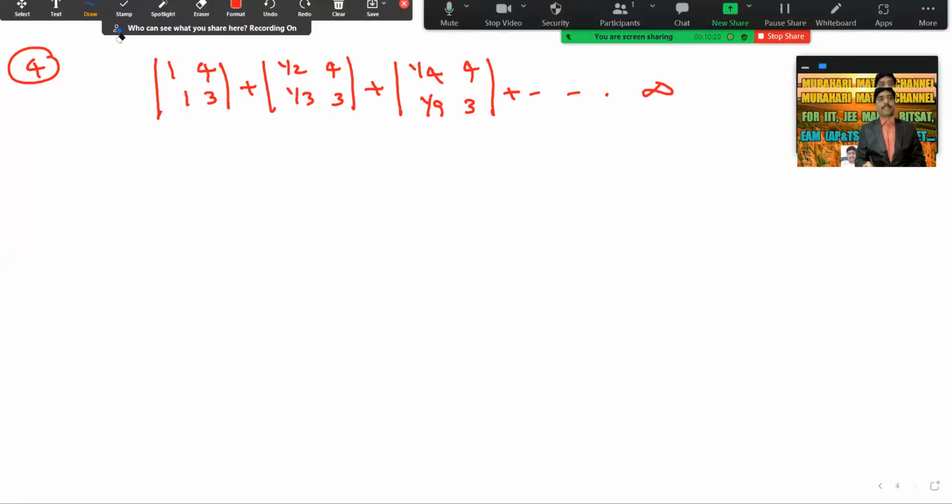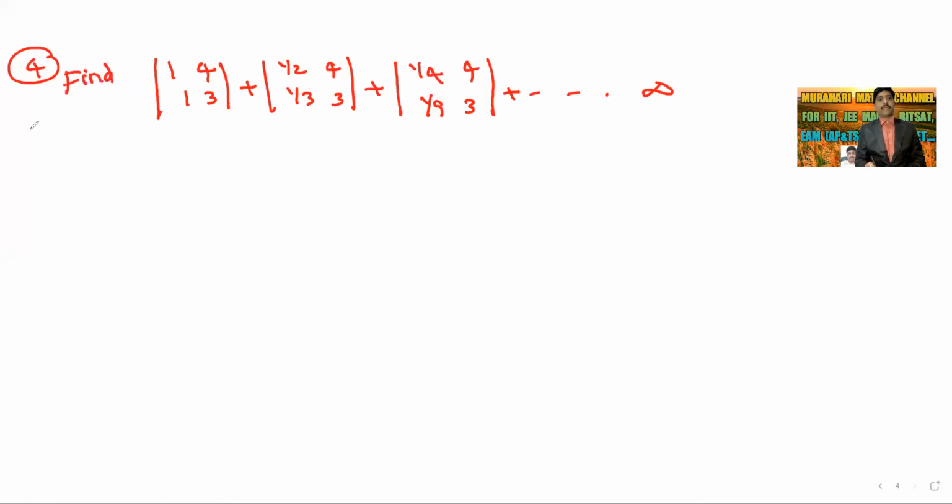Find this value. So det of, what is the first element? 1, 1 by 2, 1 by 4, like so. 1 plus 1 by 2 plus 1 by 4 plus and so on up to infinity.